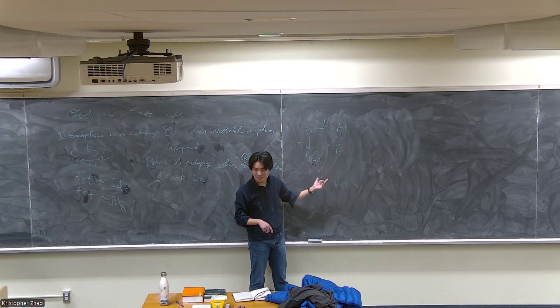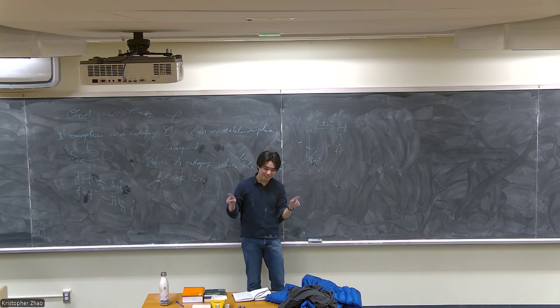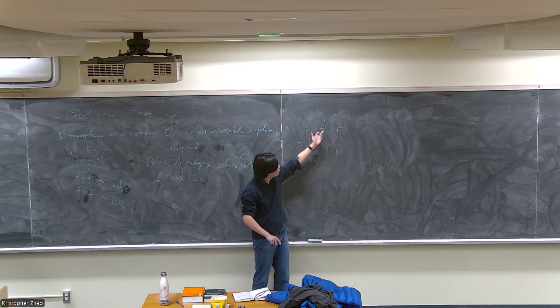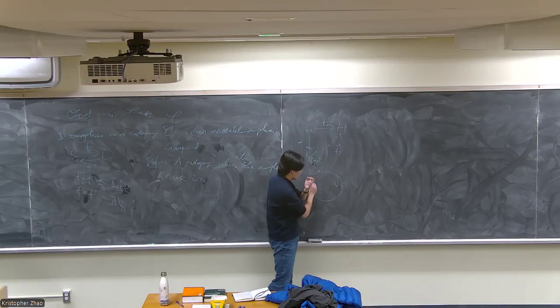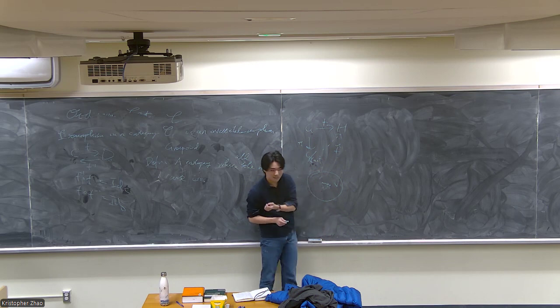I want you to think combinatorially. Maybe forget about the algebra. In this category, you're fixing 2 points and an arrow. This theorem suggests that there exists another point that looks like this, and the triangle looks like this, right?